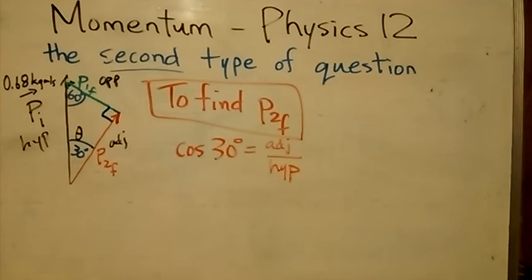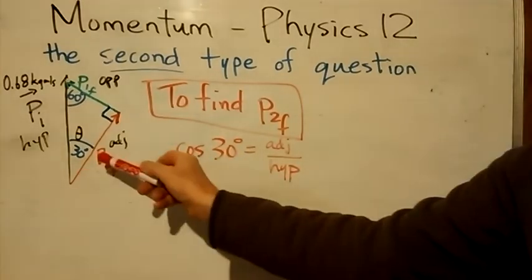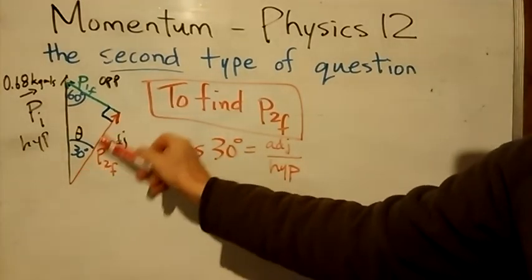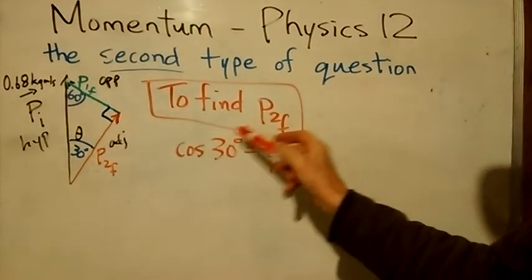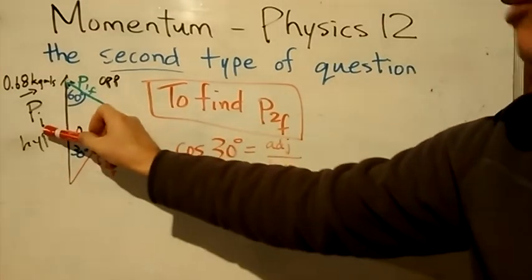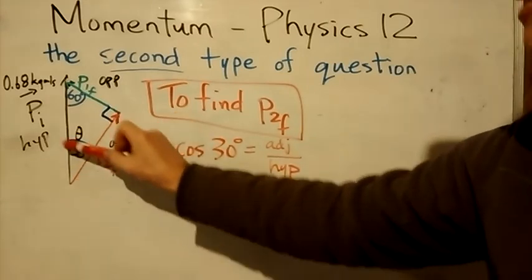Now we're trying to find out what the final speed, final velocity actually, of mass 2 is. So we're trying to find this vector right here. And to find it, we've got the hypotenuse, we're looking for this side, we've got the angle.